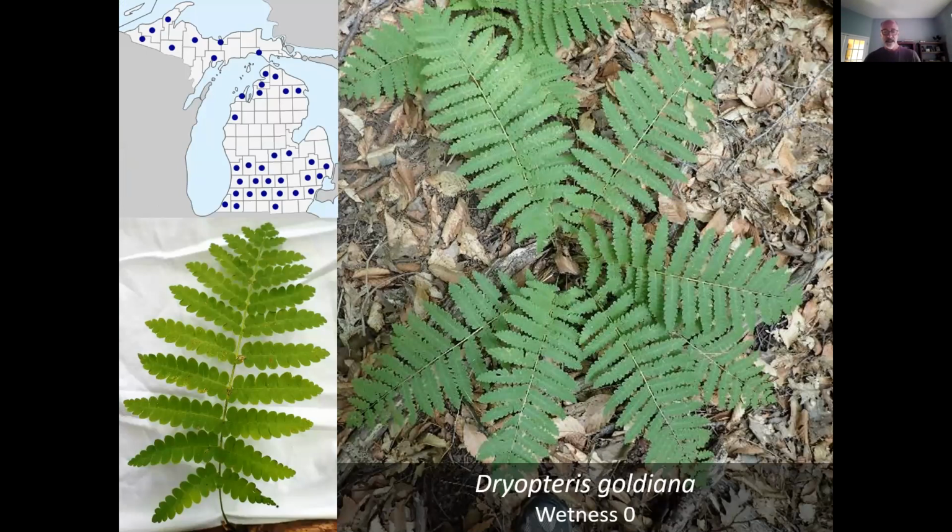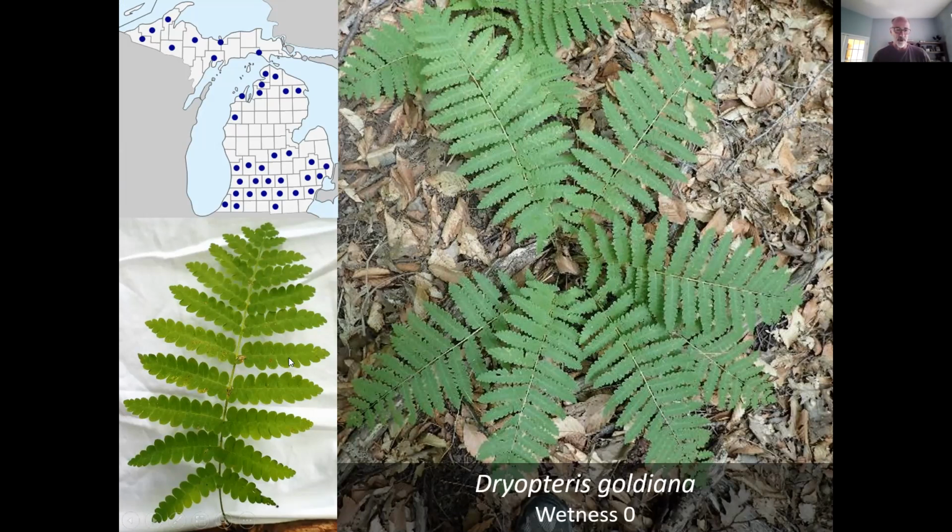One more species. This is also taken at Ammon Park in Kent County, is Dryopteris goldiana. It is another really easy to recognize species, and that's because the pinnae, maybe I should say the pinnules, the leaflets of the leaflets, are tightly packed and plump.